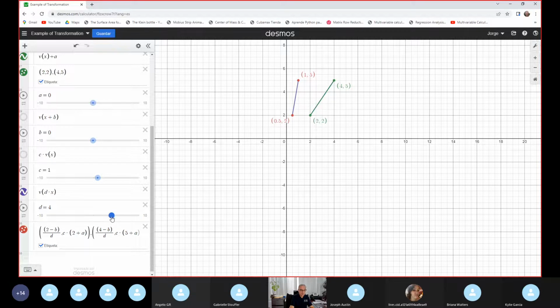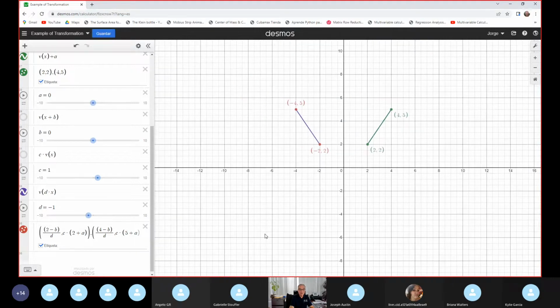However, if d is less than 1, again I restore 1, the effect is a horizontal stretch. Do you see the effect? Yes. And if d is negative, exactly -1, it is a pure reflection, but a reflection about the y-axis.